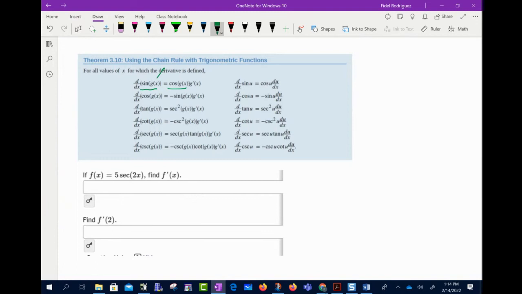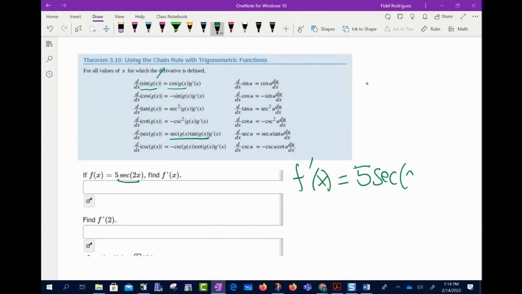It says if f of x equals 5 secant of 2x, let's find f prime of x. First thing is I'm going to leave the 5 alone because that's part of my problem, right? What's the derivative of a secant? Secant times what? Secant times tangent, right?